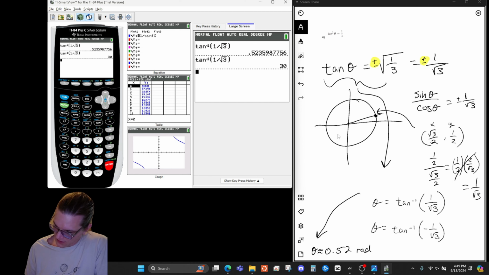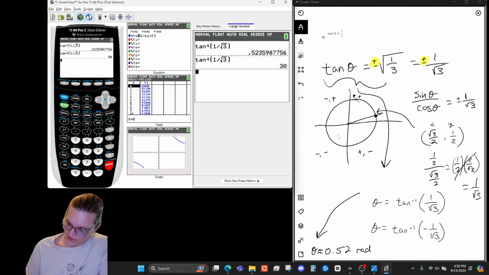And then the negative 1/√3 is, again, going to be when sine over cosine is negative, which, if we look at our quadrants, is positive, negative, positive, negative. So we see that one solution occurs at 30 degrees, and since we're working with tangent, remember the period is pi.